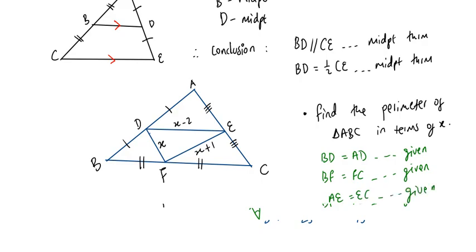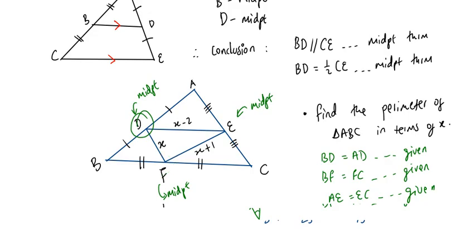Because of this, guys, that means D is a midpoint, here is a midpoint, and here is also a midpoint. So because we have these midpoints, we're going to start with these two midpoints.